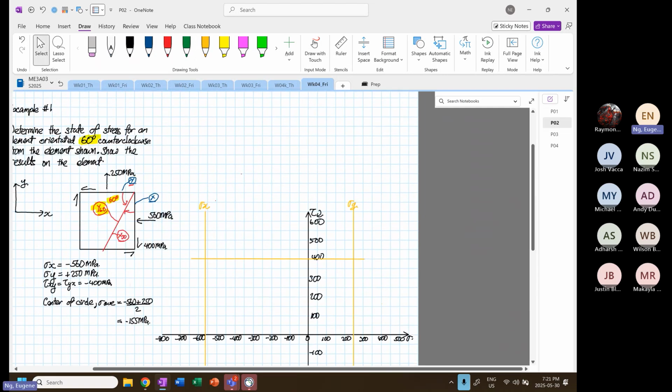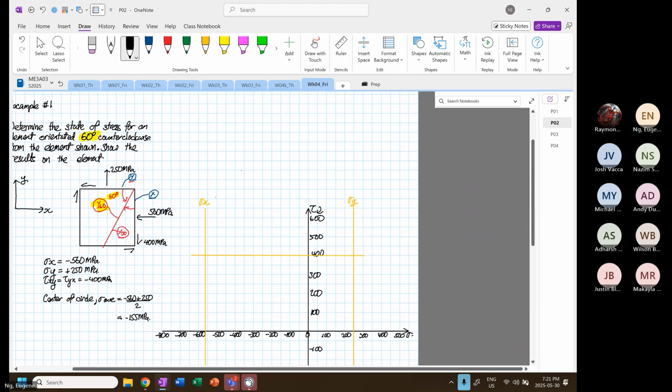And then we put our finger on the center, right? At point X, the 400 over here will rotate the element in a clockwise orientation, right? So clockwise will be on the top.